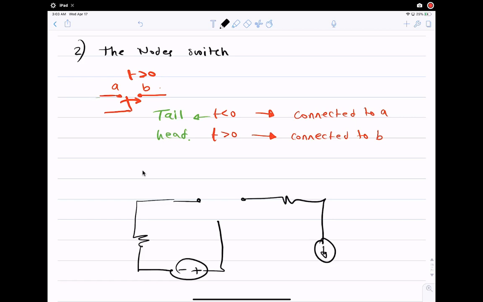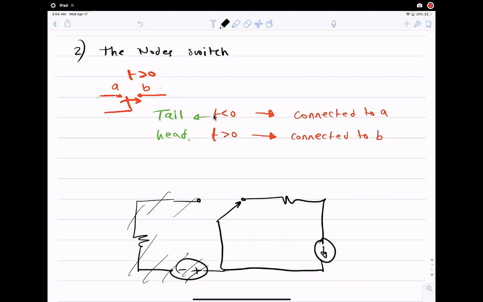It might have its own current or whatever, and there's a switch here. This switch would either be connected toward here, so this circuit will work, or toward the other side, so this will not be working, and this circuit to the right will be working. And this is the node switch.